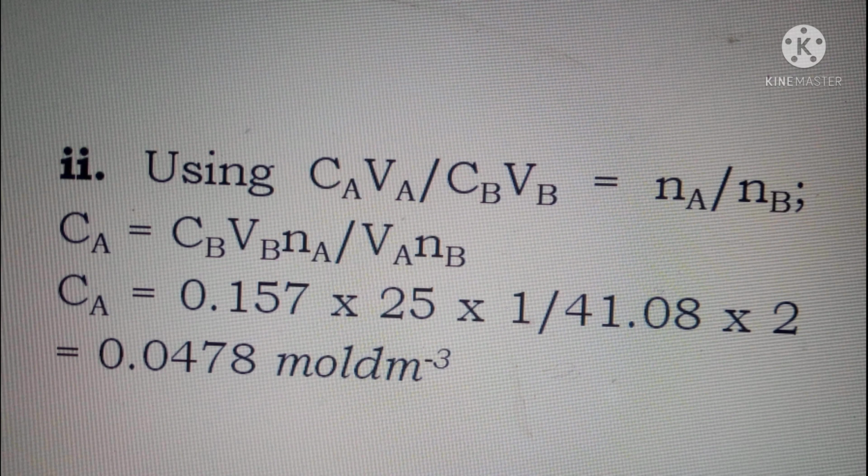So we make Ca the subject of formula before substituting, as we see above here. So making Ca the subject of formula and substituting, we have Ca to be 0.0478 mole per dm³, still in 3 significant figures.